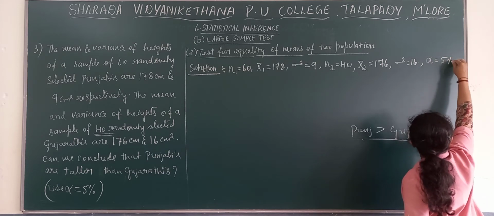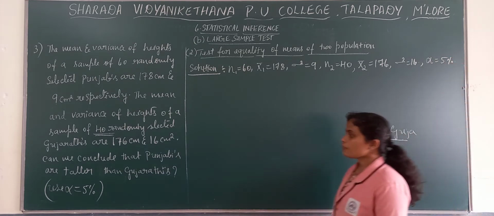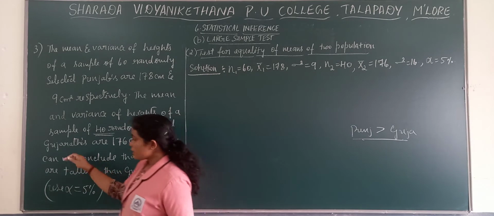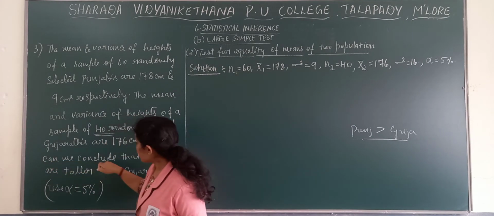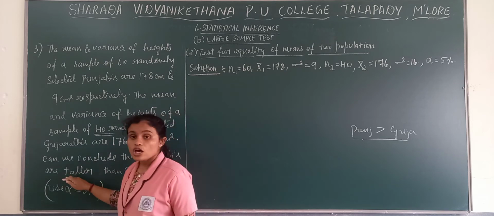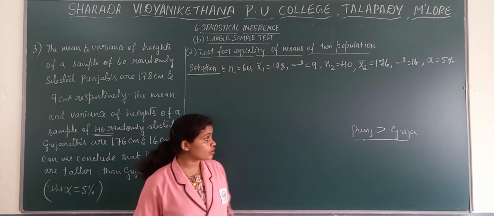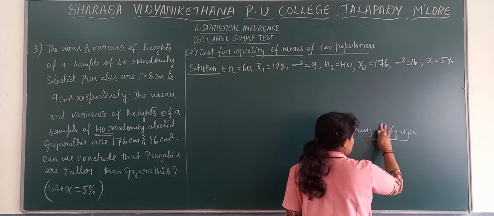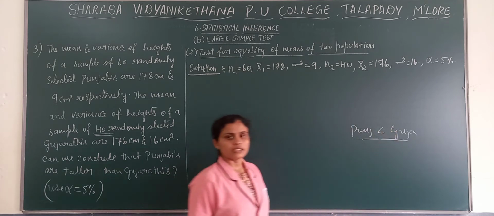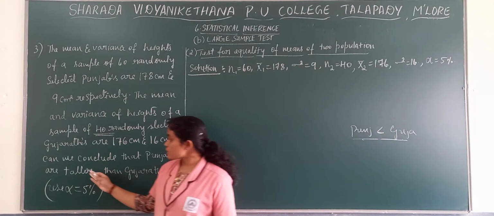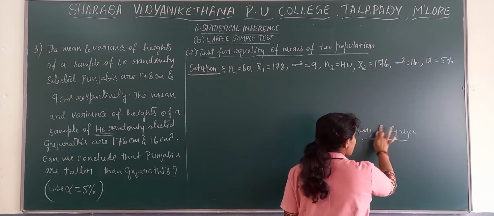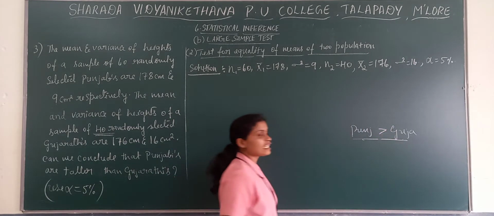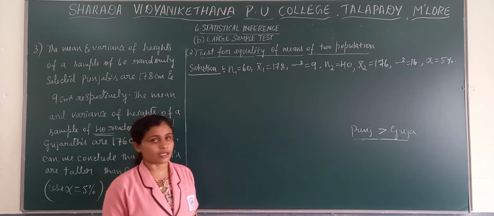Now in the same question, if they had asked whether we conclude that the Punjabis are shorter than Gujaratis, we would need to take our analysis as lesser than. Here they have asked Punjabis are taller than Gujaratis, so we are taking the analysis as greater than.